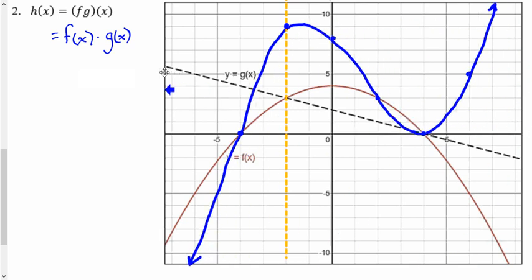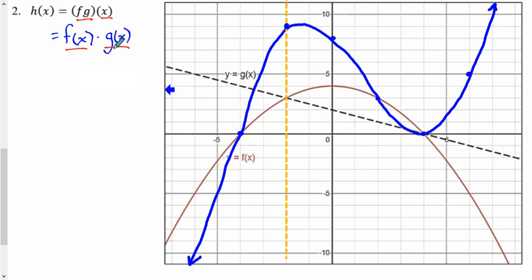But this is more or less what your graph will look like. Yes, yours should look better than mine. Okay, so there we're multiplying two functions. And again, take note of the notation. Here, this f times g of x means f of x times g of x. Just a notation.